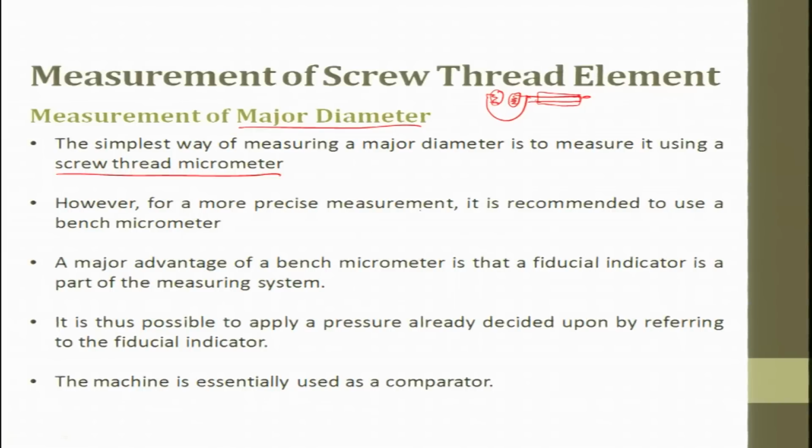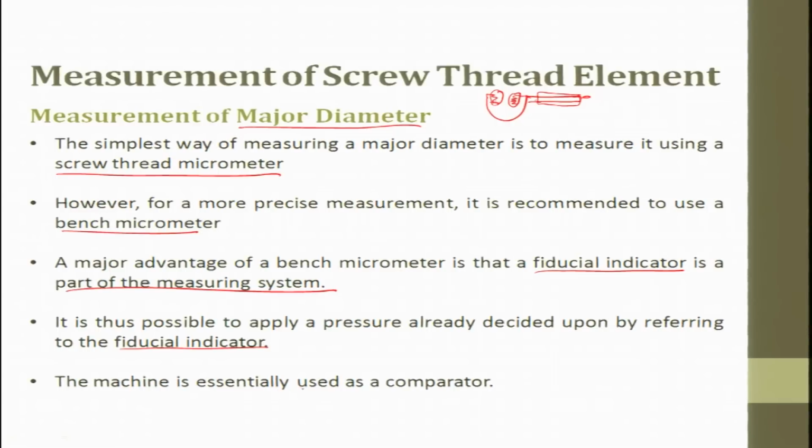However, for a more precise measurement, it is recommended to use a bench micrometer, which we saw earlier. The major advantage of the bench micrometer is that a fiducial indicator is part of the measuring system. It is thus possible to apply a pressure already decided upon by referring to the fiducial indicator.